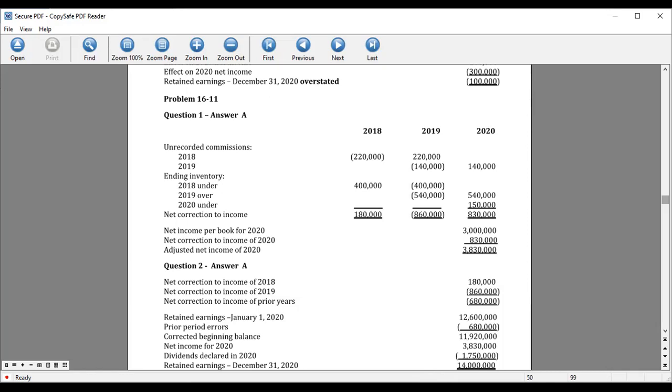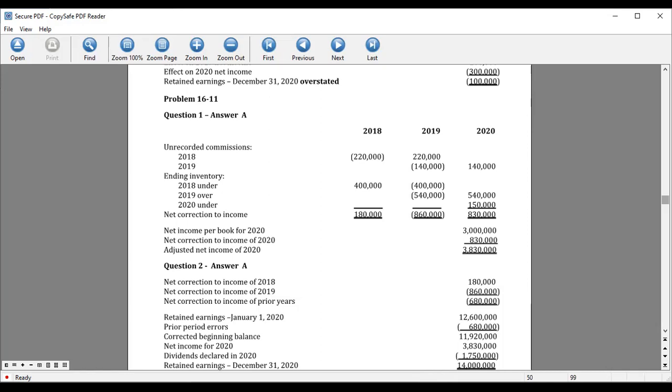Errors in ending inventories for the last 3 years were discovered to be the following: 2018, 400,000 understated; 2019, 540,000 understated; and 2020, 150,000 understated.